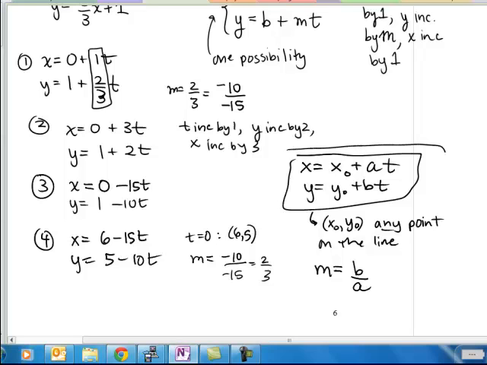So that's the general pattern for what you want to do for parameterization of a line.